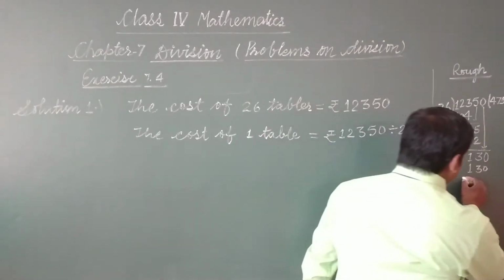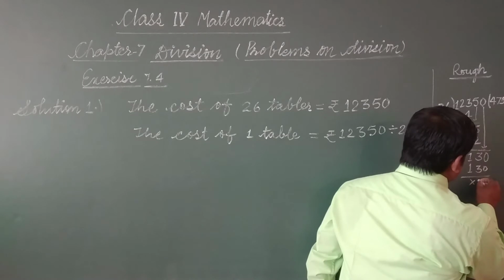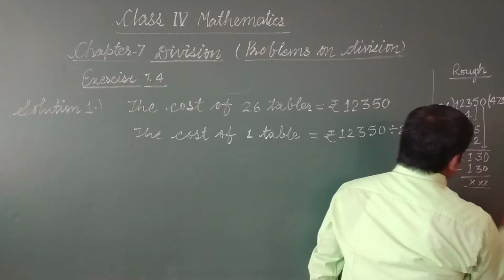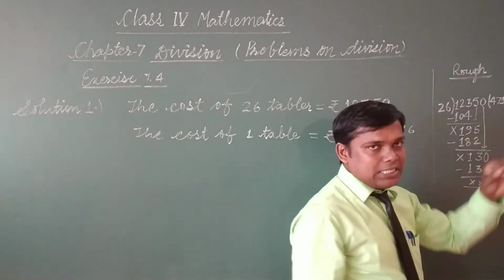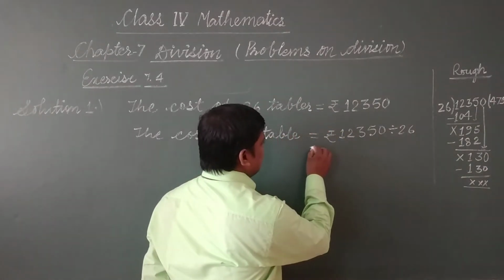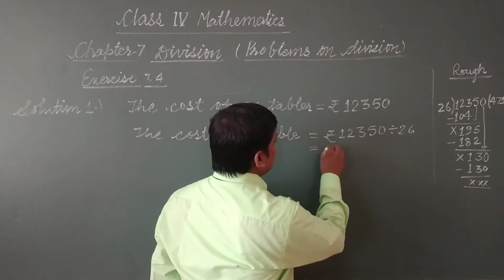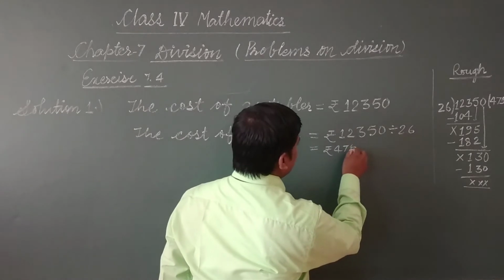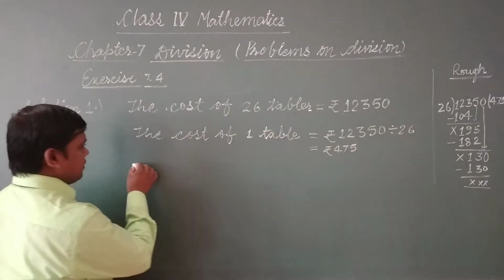And when we subtract, it is all cancelled out. So we got quotient 475. So we will directly write here rupees 475.